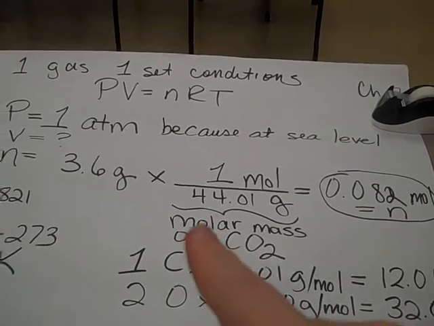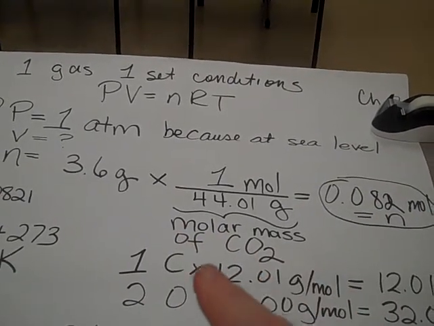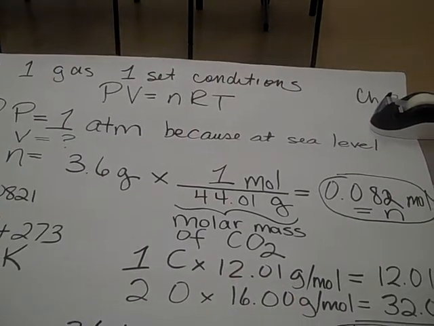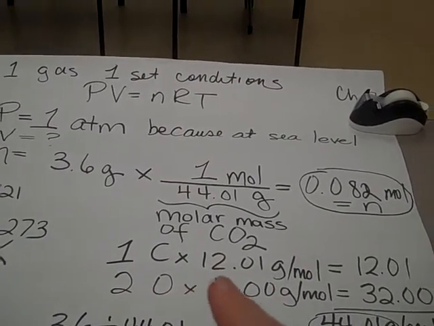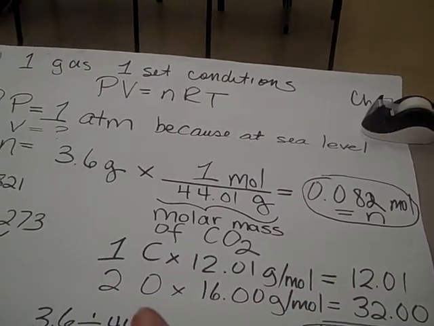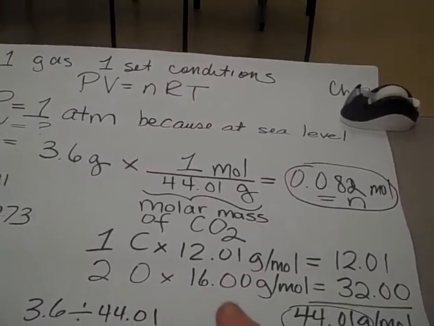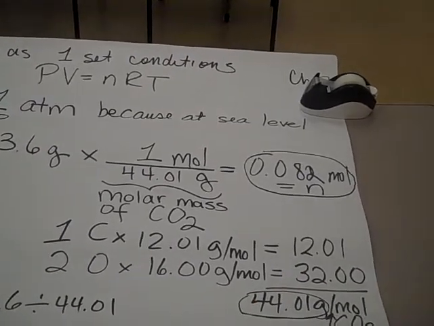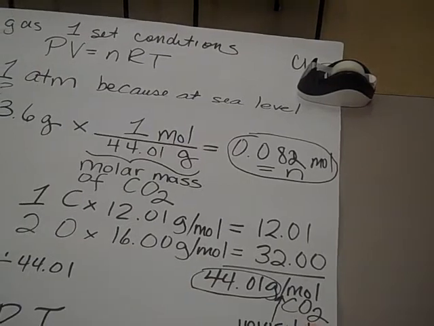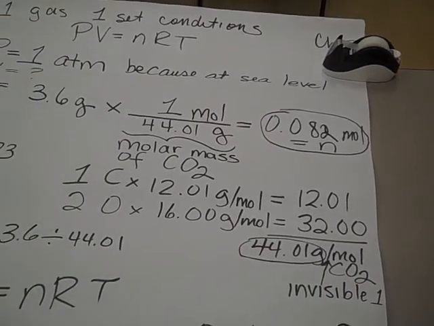From the periodic table, we need to find the molar mass of carbon dioxide, CO2. We know that one carbon has a molar mass of 12 grams per mole, and two oxygen atoms we would multiply by 16 grams per mole each. They add up to 44.01 grams for 1 mole of carbon dioxide molecules.